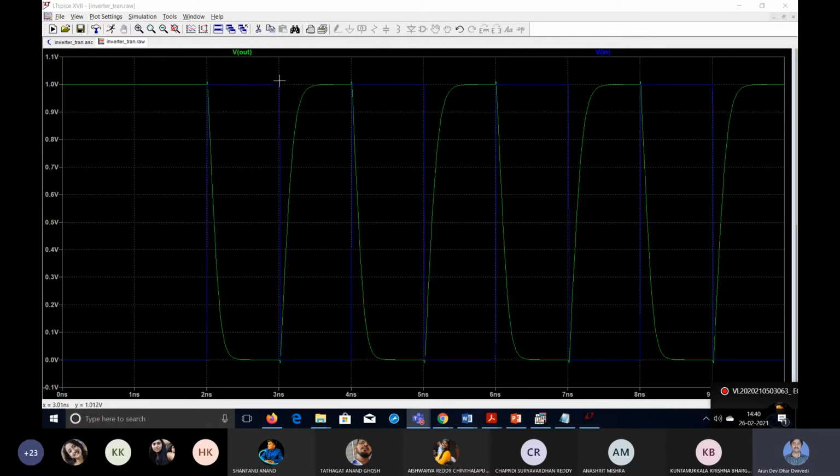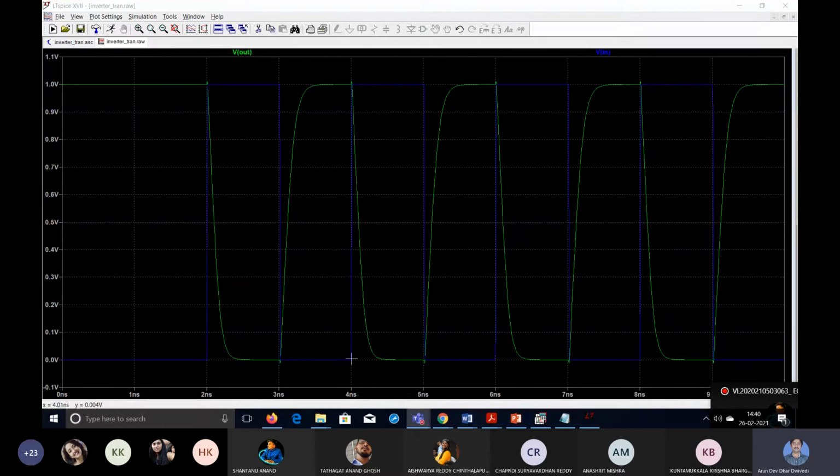After 1 nanosecond it is switching from high to low, taking 10 picosecond because the fall time is also 10 picosecond. Then it is low for 1 nanosecond and again switching from low to high within 10 picosecond and repeating the same cycle. So high pulse width, then low, is one complete cycle.